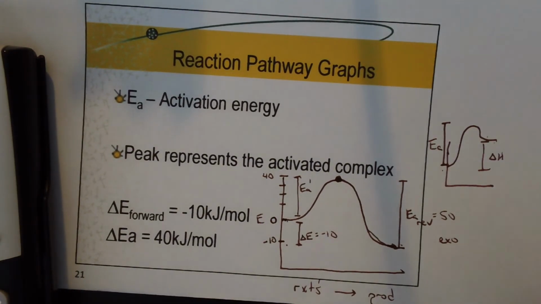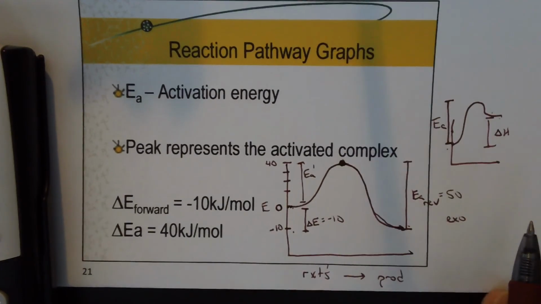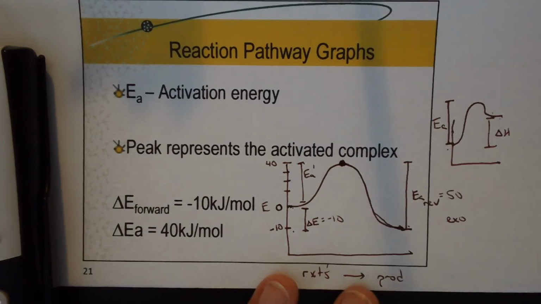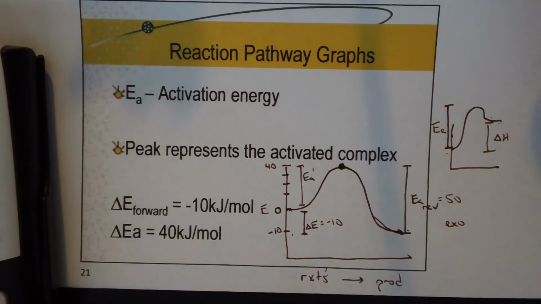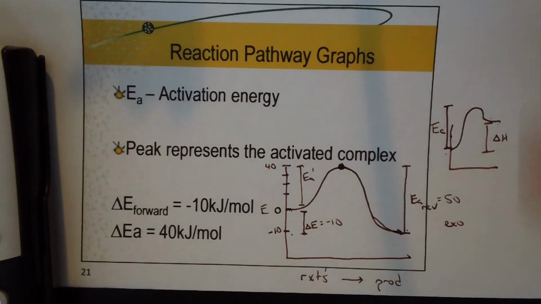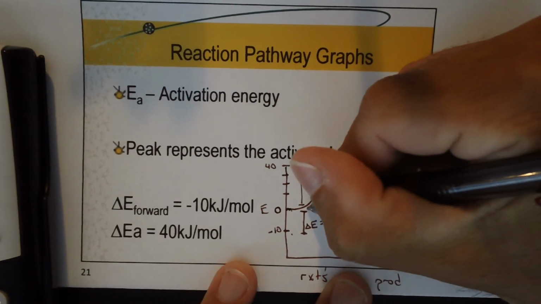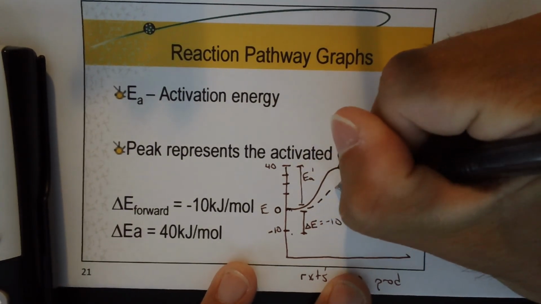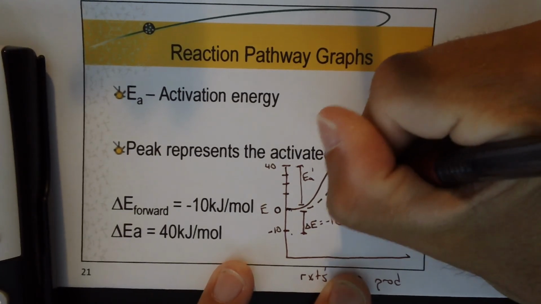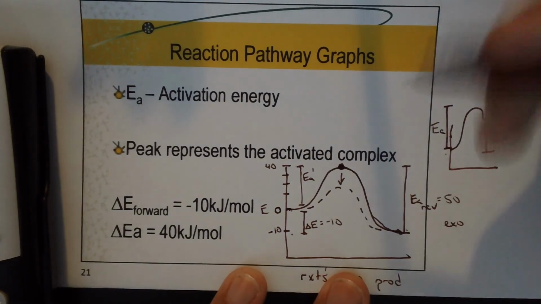The only other thing that you see in these reaction pathway graphs is sometimes you'll see a catalyst. We talk about a catalyst speeding up a reaction. In reality, kind of the grown-up way to say that is the catalyst lowers the activated complex. It takes that activated complex and lowers it down.